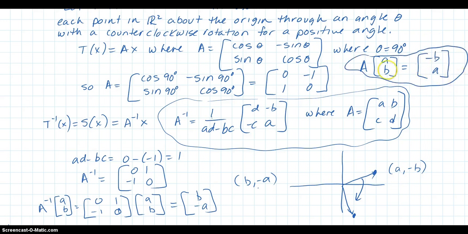We've done this before, but that would be negative b. Negative b would be here, because that's a plus b there. Negative b here, and then a up. That was counterclockwise.